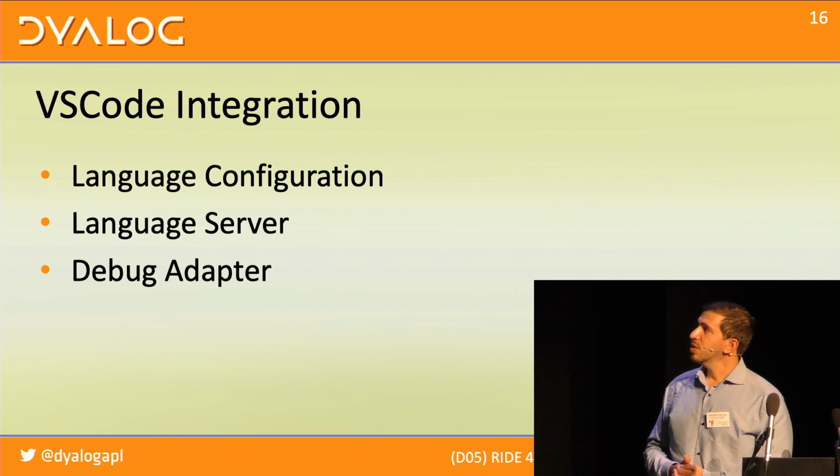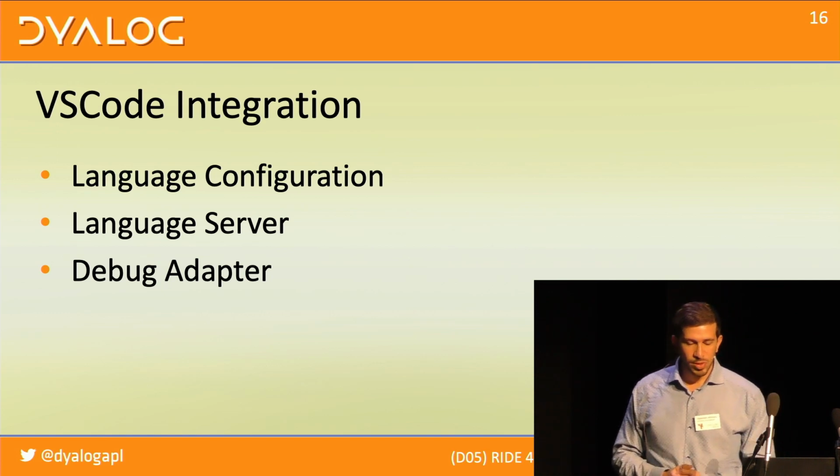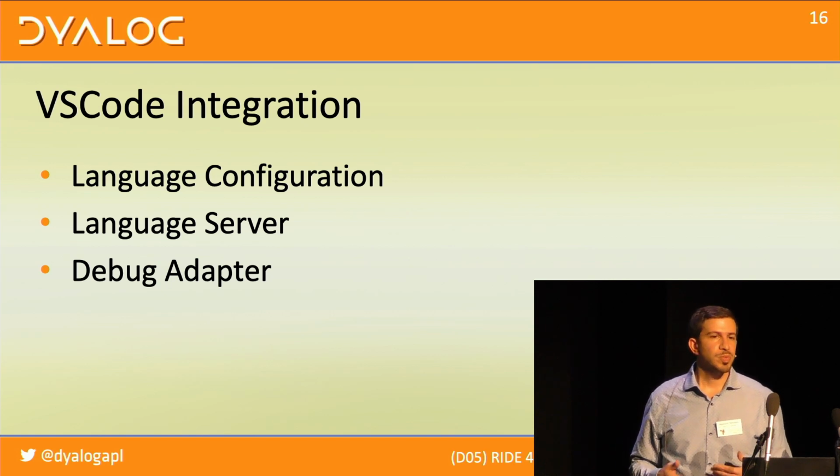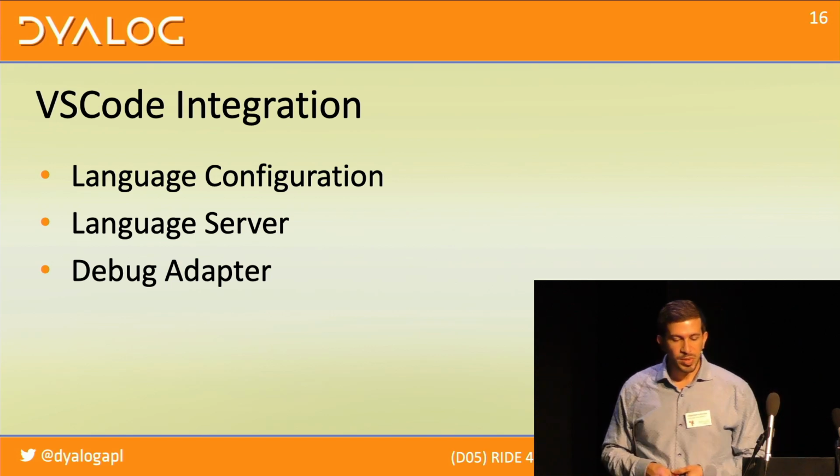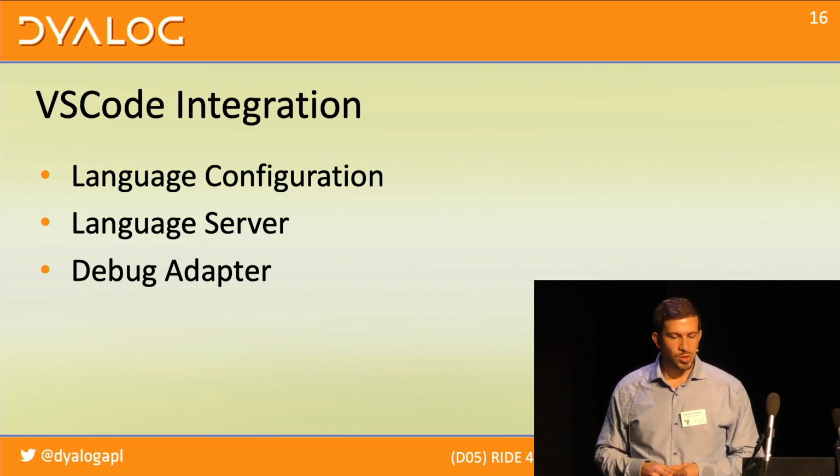And in their editor, VsCode, for example, they allow people to contribute and develop extensions to make the user experience better for a specific programming language. And there are three ways of contributing to VsCode.